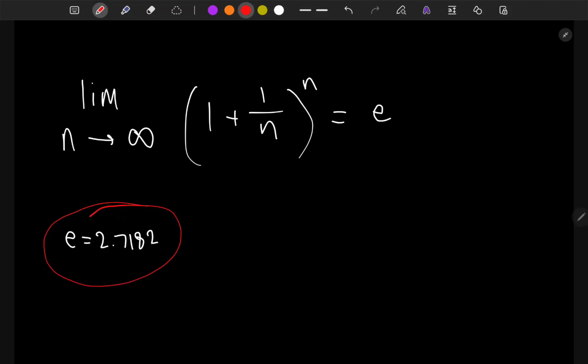What's quite interesting about e is that if you plug this into a programming language like Python and use SymPy, Python will actually recognize that 2.7182 is the mathematical constant e, which stands for Euler's number.